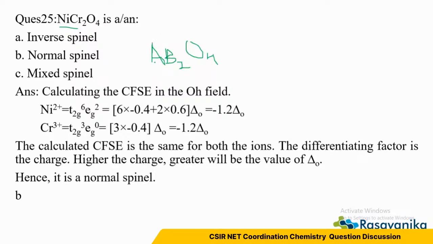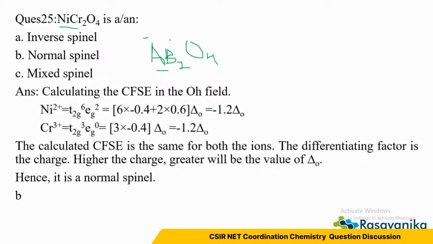When A is present in the tetrahedral void and B is present in the octahedral void, we call it a normal spinel. So A is in the +2 oxidation state and B is in the +3 oxidation state, right? And when do we call it an inverse spinel?